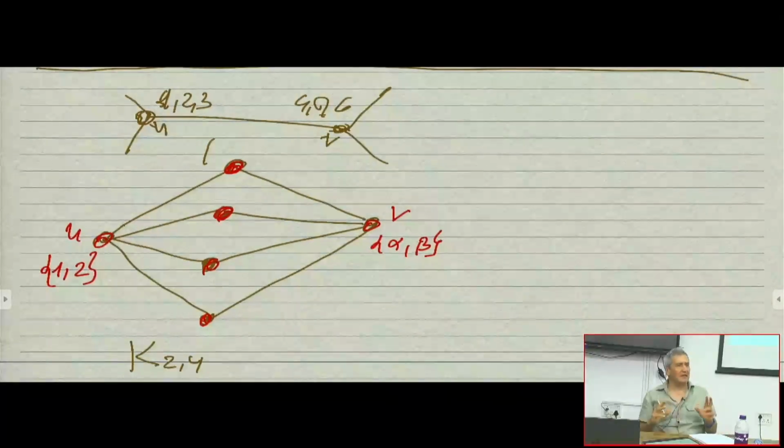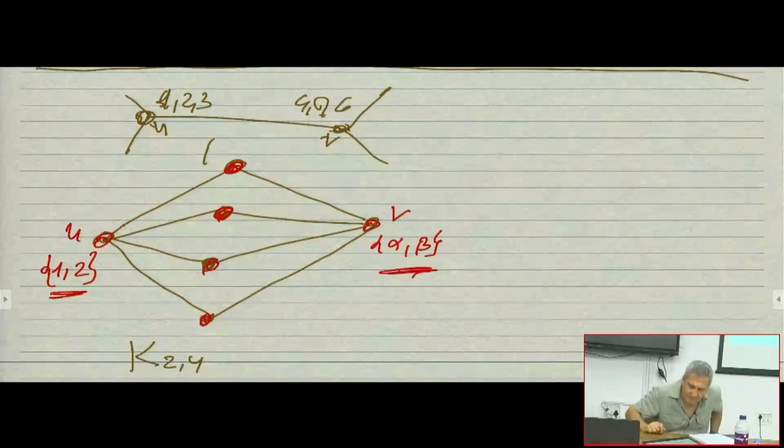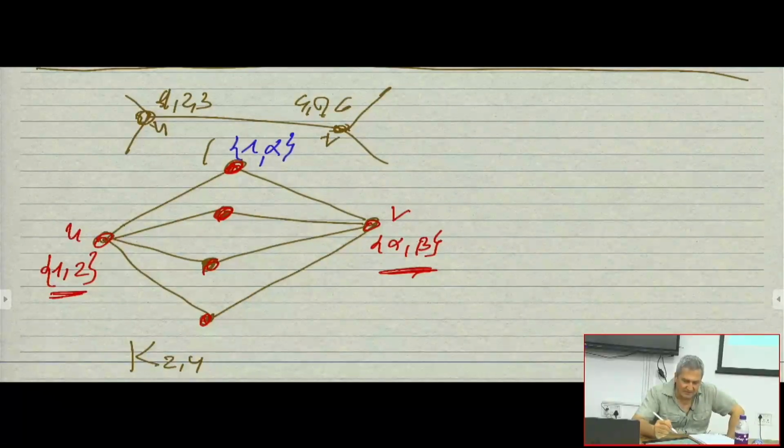Now in the middle I have 4 vertices, and for each of these vertices I will create a list of size 2 such that I choose one of 1 or 2 and one of alpha and beta, all possibilities. So let's put 1 alpha here. This is the list of this vertex. 1 beta, 2 alpha, 2 beta.